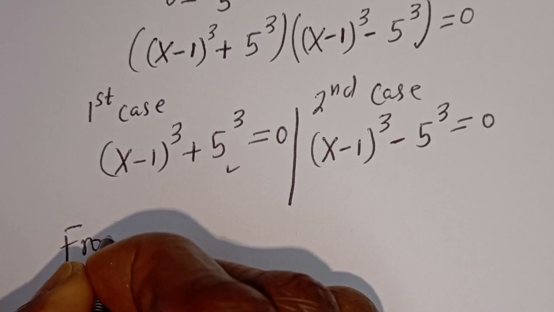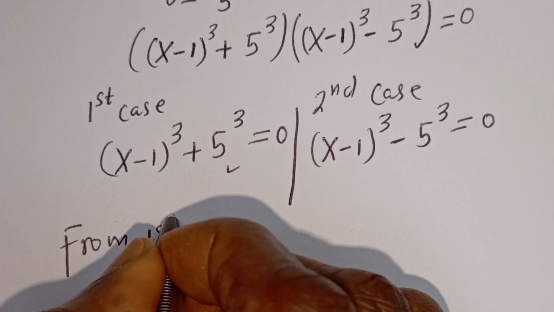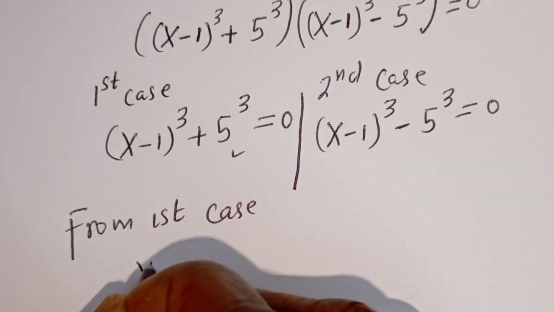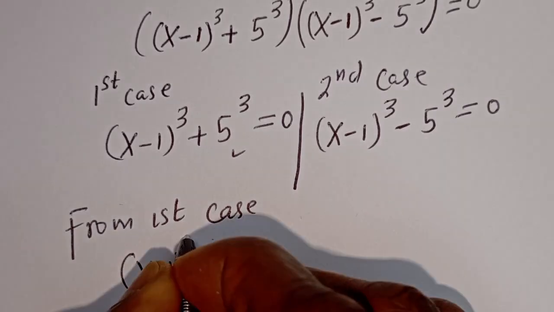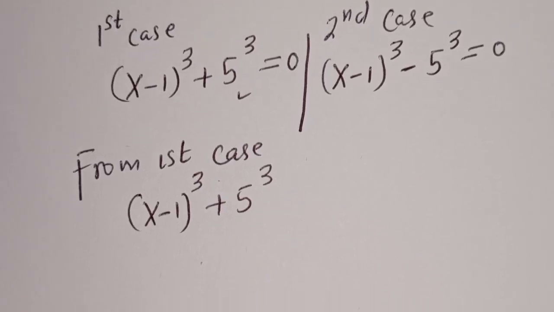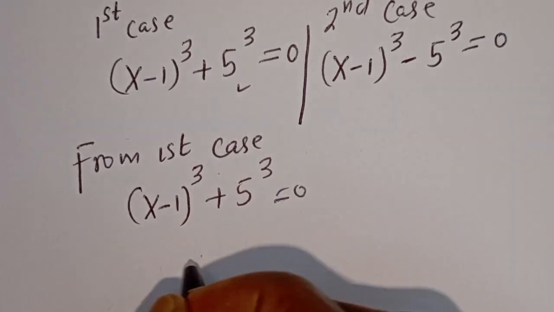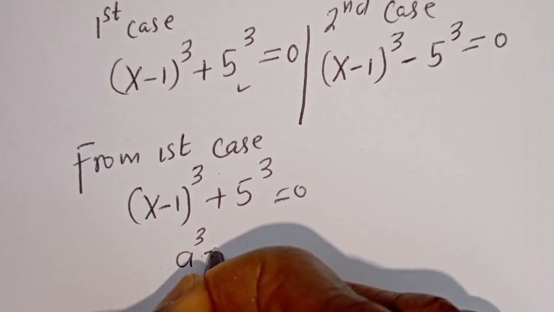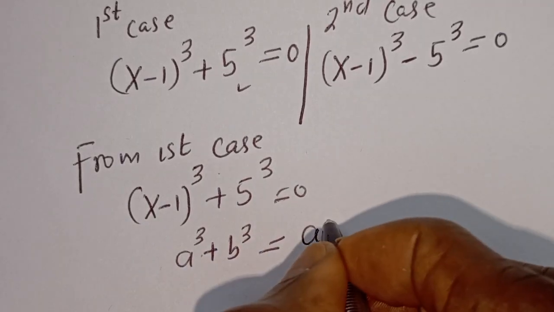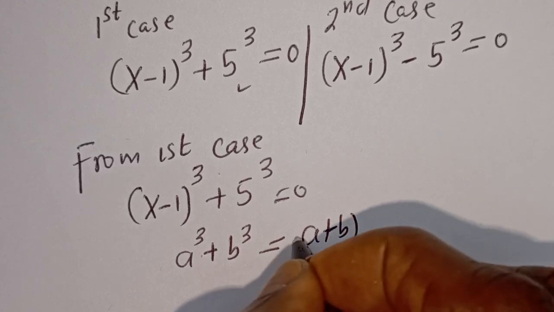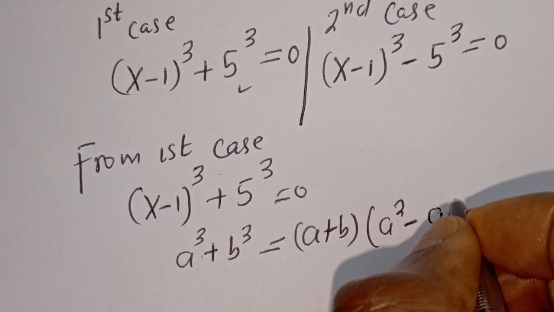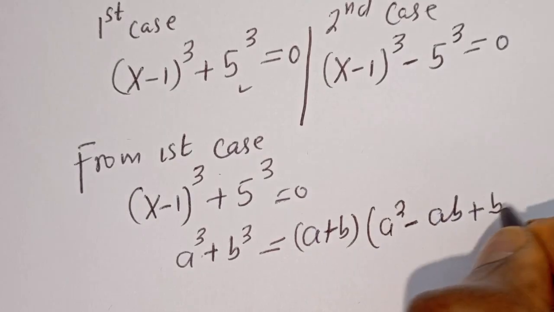From the first case, we have (x minus 1) to the power of 3 plus 5 to the power of 3. Take note that if you have a to the power of 3 plus b to the power of 3, this is equal to (a plus b)(a squared minus ab plus b squared).